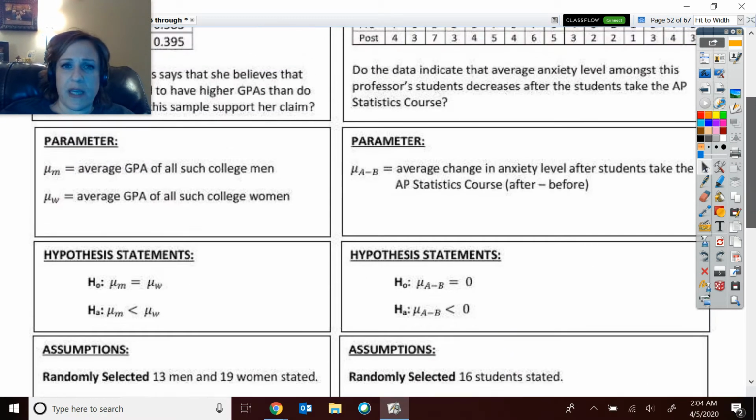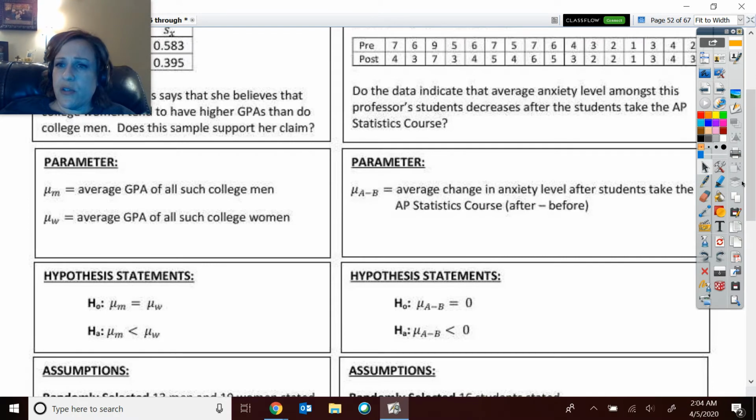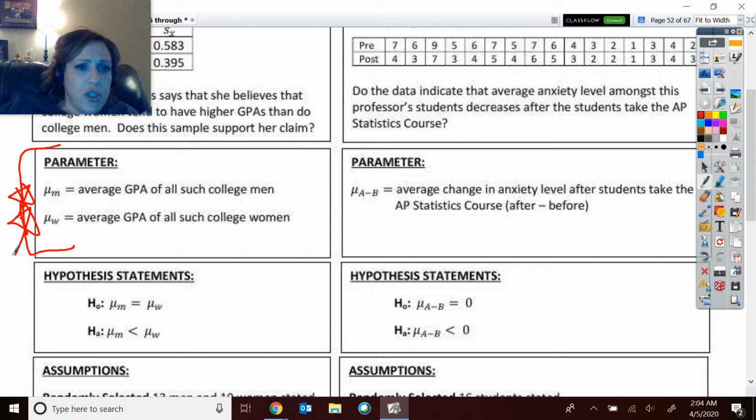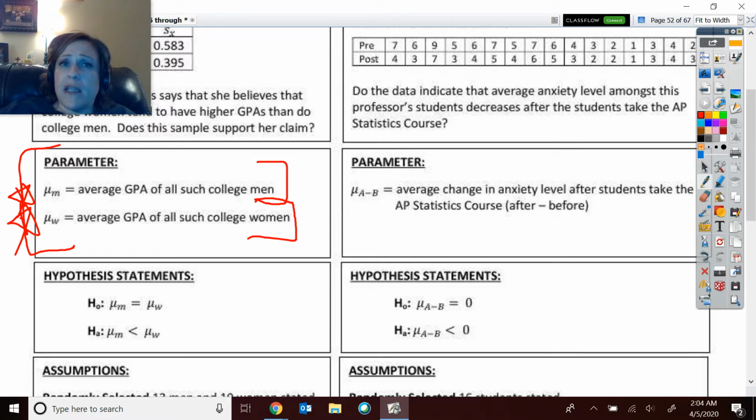Okay, so here we go. So the parameters that we have, let's take a look at the two means. Do you see how we have two separate means symbolized here? Two separate notations: the average GPA of all such college men and the average GPA of all such college women. But on the other side, where we had paired data, we don't care about the average of the pre and the average of the post.